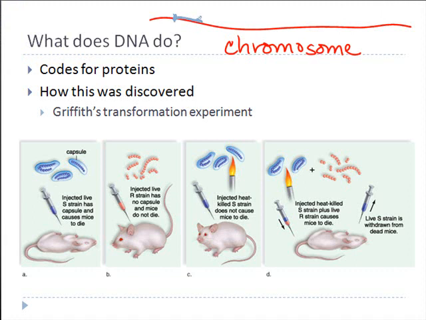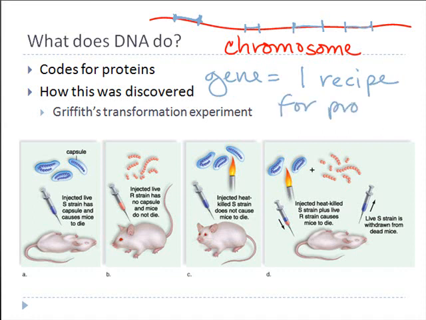So here I'm drawing in blue. Here might be one gene, here might be another gene, here's another gene along the length of the chromosome. And each of those genes is one recipe or one instruction for the making of a protein or a collection of closely related proteins. Okay?